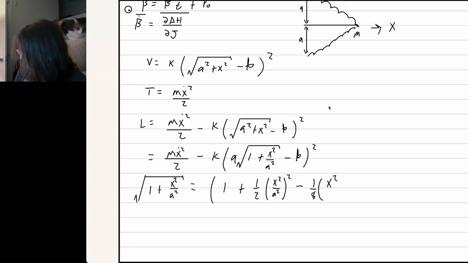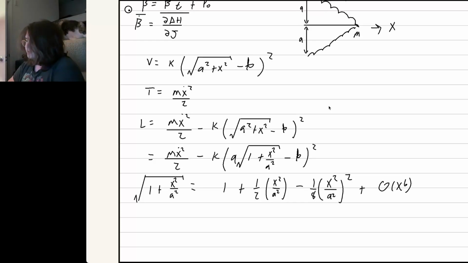Actually, no, that term isn't squared. This term is. Plus some higher order terms of order x to the 6th.